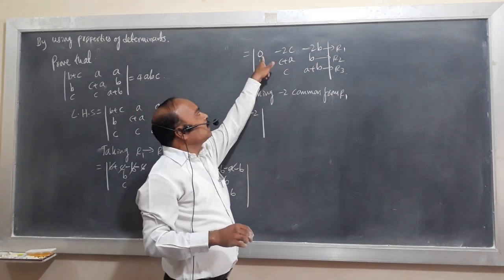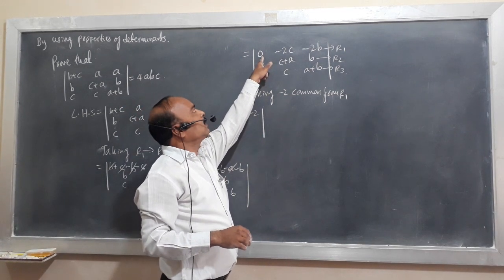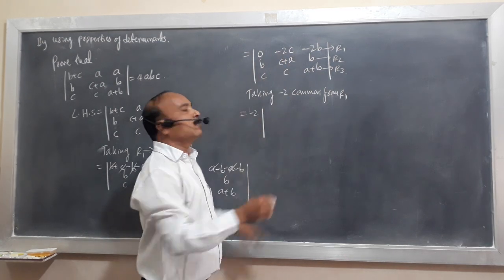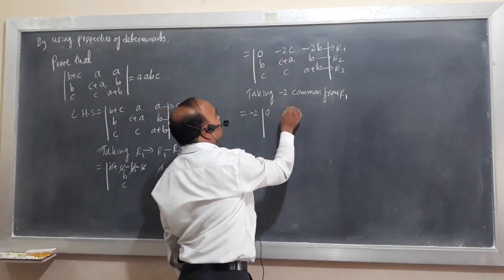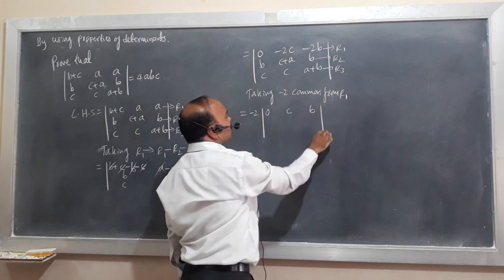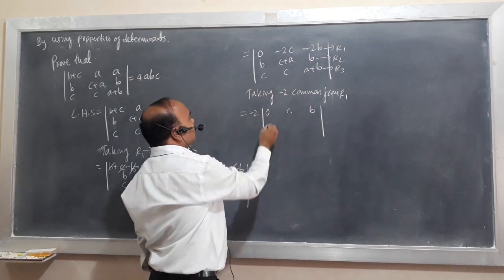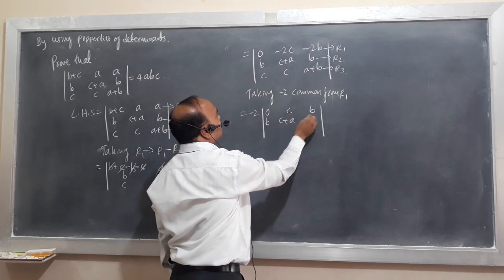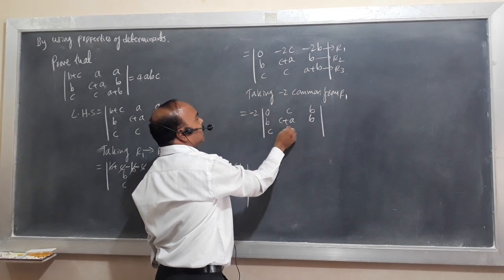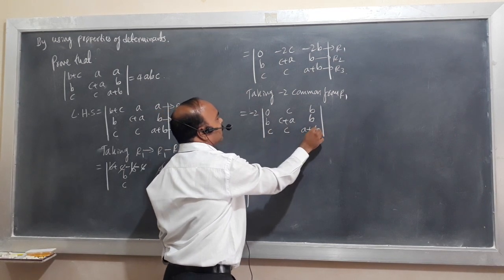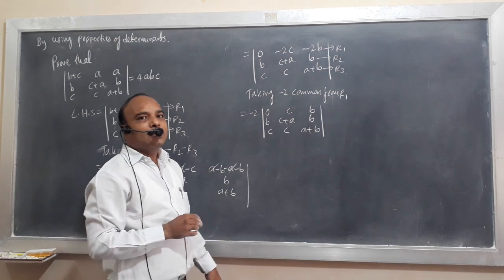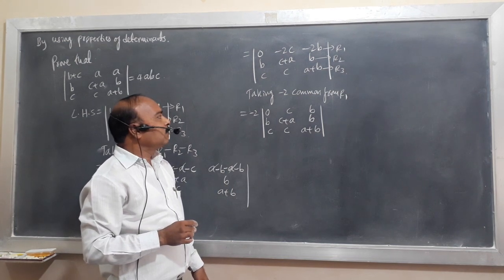It is 0 means 0 into minus 2, it is understood. Therefore minus 2 is common for R1. Now we get 0, it is C, it is B. Second row as it is B, C plus A, B. Third row as it is C, A plus B.